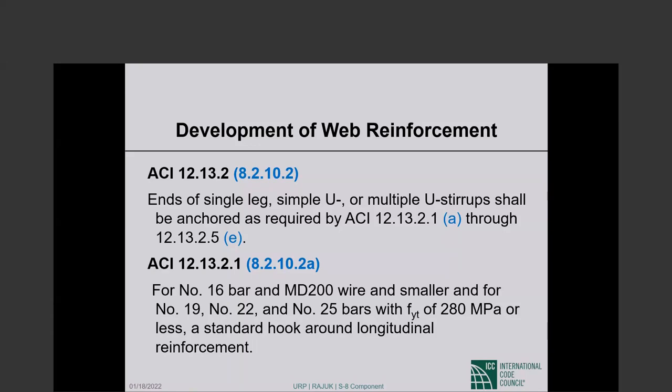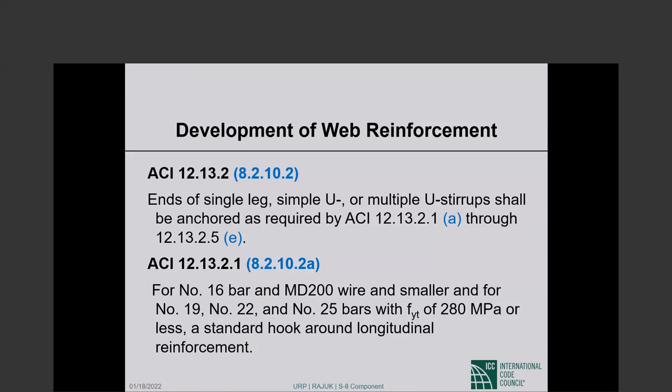Number 1, for number 16 bar and MD200 wire, I explained the wire size. M is metric, D is deformed, 200 is 200 square millimeter cross-sectional area. So for number 16 bar and MD200 wire and smaller, and for number 19, number 22, and number 25 bars with f sub yt of 280 MPa or less, this is the old 40 ksi steel, a standard hook around longitudinal reinforcement.